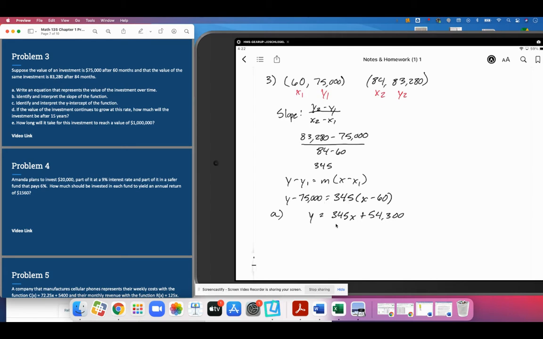So for part B, we do need to identify the slope and describe its meaning. So the slope is 345, meaning that every month the value of the investment is increasing by $345.